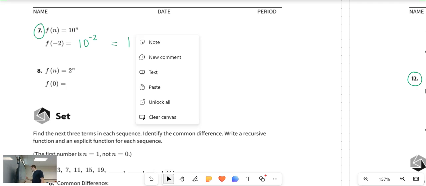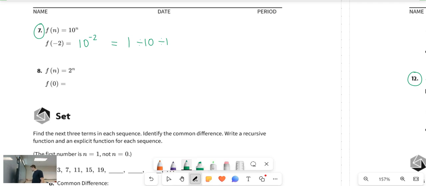There we go. Divide by 10 again. You could also think of this as, it's negative, which makes it a fraction. So now instead of being 10 times 10, it's actually 1 over 10 times 1 over 10. Either way, we will end up with 1 over 100, which is the same as 0.01.